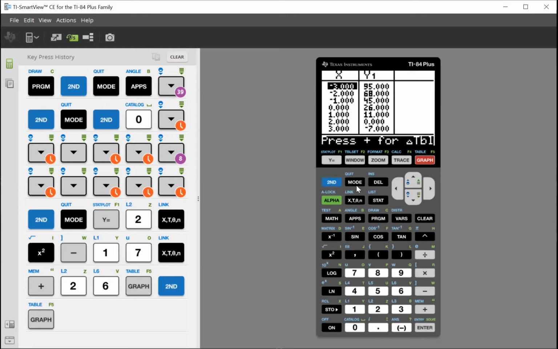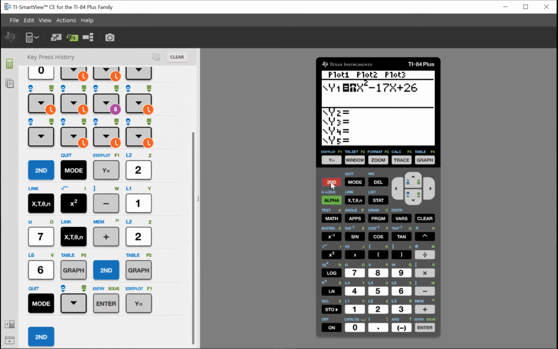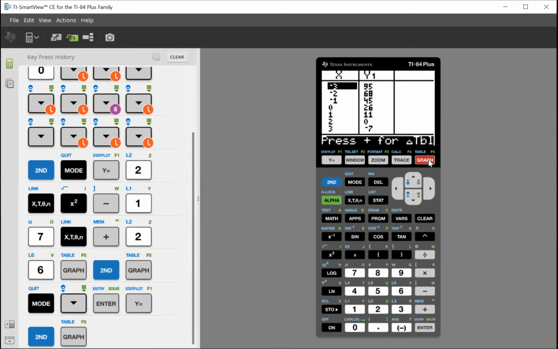So let me fix my mode. I'm still floating. All right, now let me go back. All right, go to my table. So you see where that y value 0 is on the 2? That means one of these answers is a 2. But if you go to there, you're not seeing the other answer, because the other answer is probably a fraction.